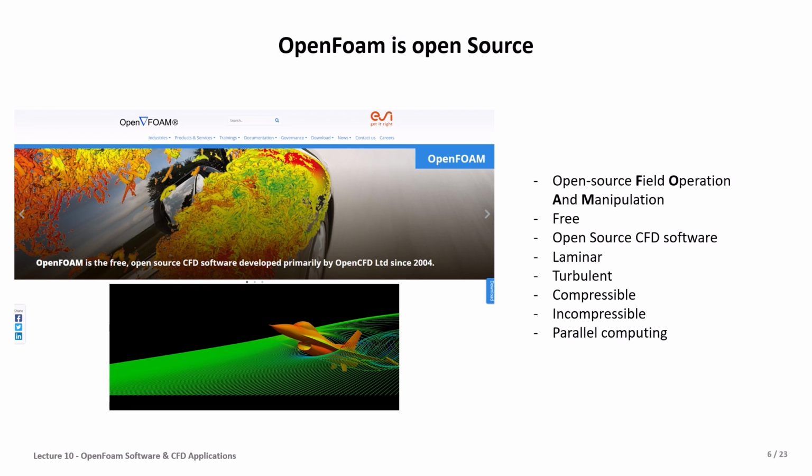Then in one setup, you need to define the parallel computing, which has a different approach. Then when we run the solution based on this setup, the problem will be solved in parallel with the number of cores and processes that we defined.